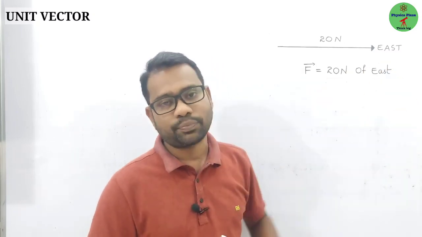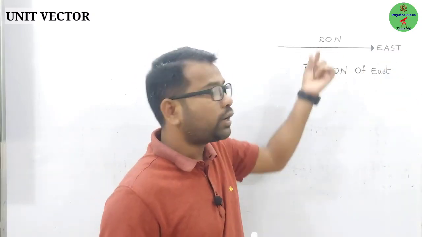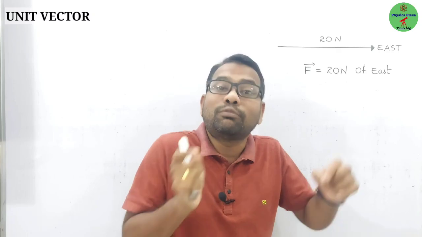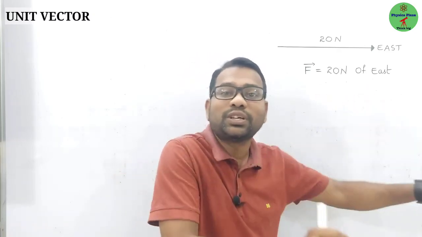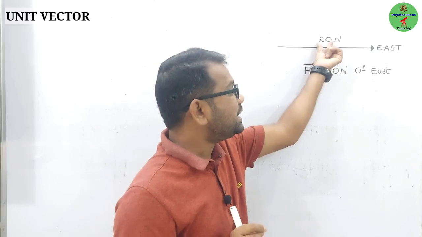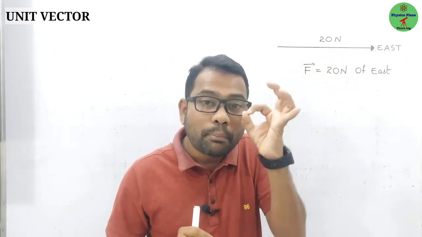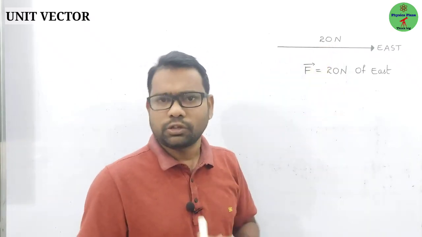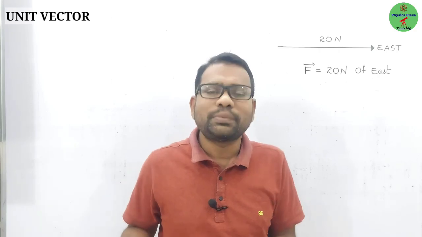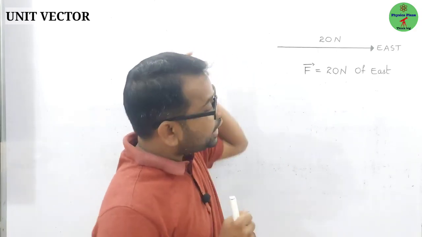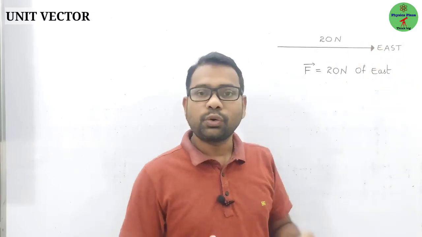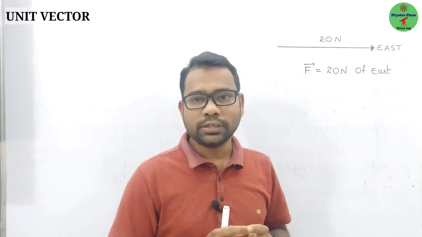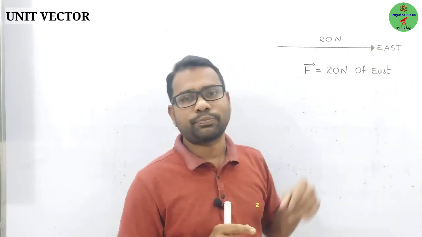Here 20 is the magnitude. How much? 20 Newtons. So 20 is the number. The magnitude of a vector is always a scalar, a simple number. In which direction is it acting, children? It is acting towards east. So, a force of 20 Newton is acting towards the east.